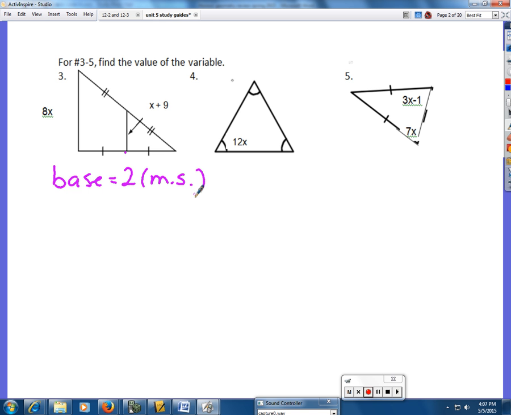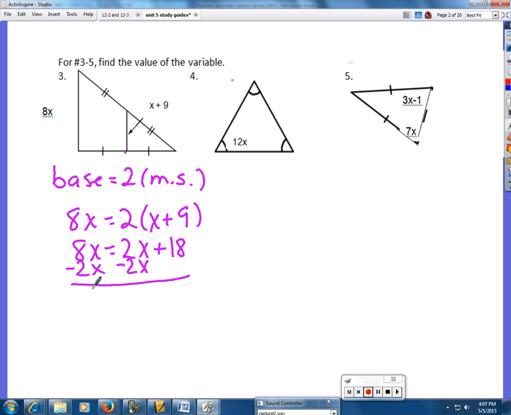The base is 8x, and that equals 2 times my mid-segment, which is x plus 9. So I have 8x equals 2x plus 18, and when I subtract 2x, I have 6x equals 18, and then you divide by 6, so x equals 3.